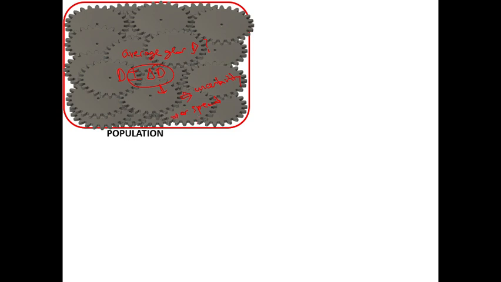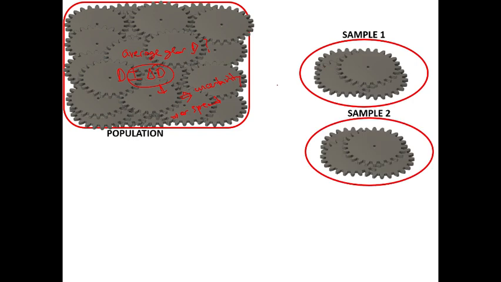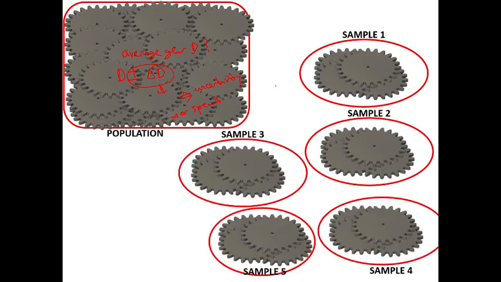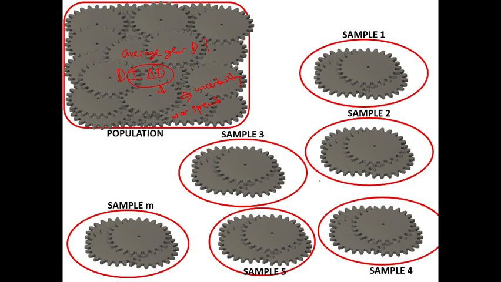To guess these values, I take sample 1, 2, 3, 4, and 5, and then up to sample m. So I take m number of samples, and for each sample I have some gears. I measure the diameter of this gear, of this gear, and of this gear, and for sample 1, for example, we have n number of gears.